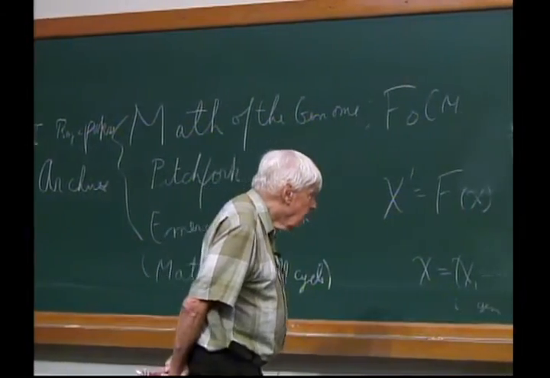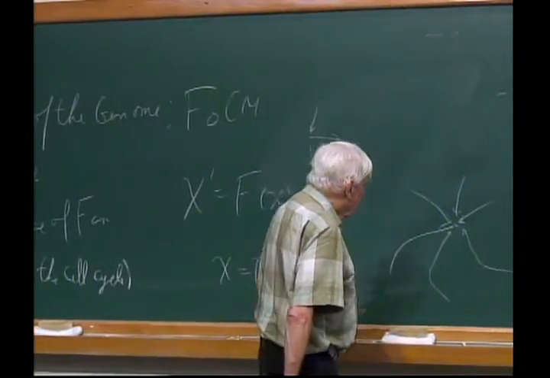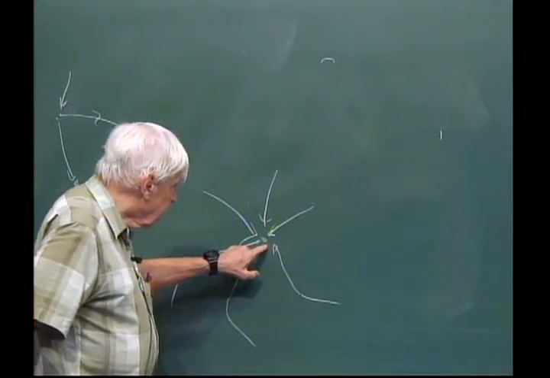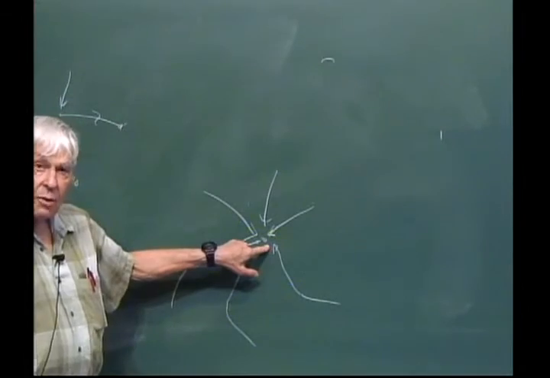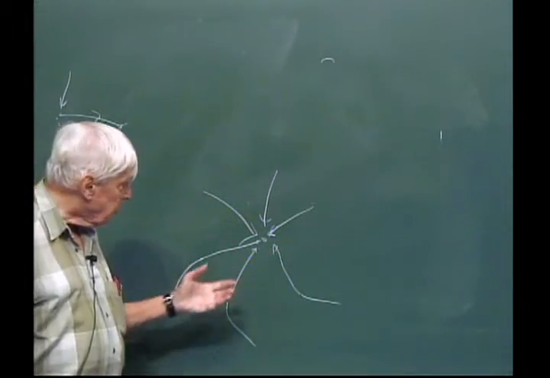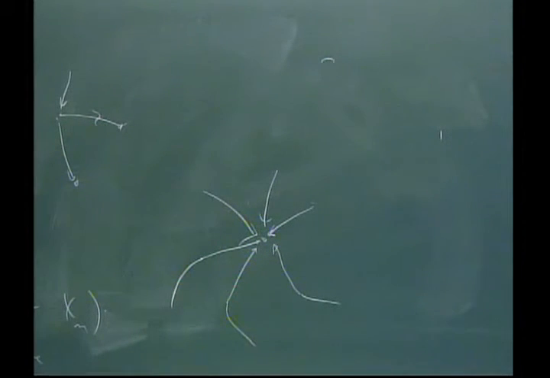Then we can identify a cell with the state at this equilibrium. The state at this equilibrium, we could think of interpreting these xi as protein levels.